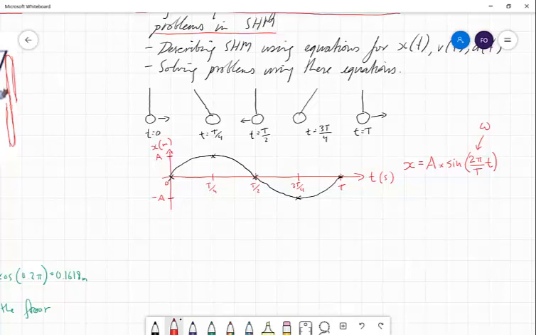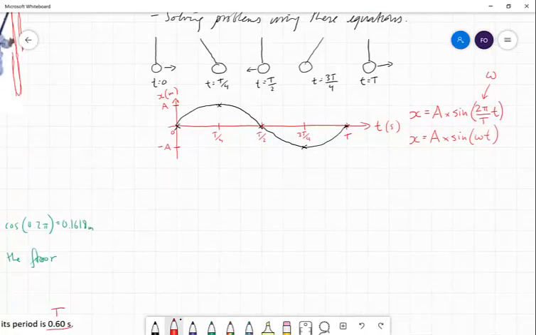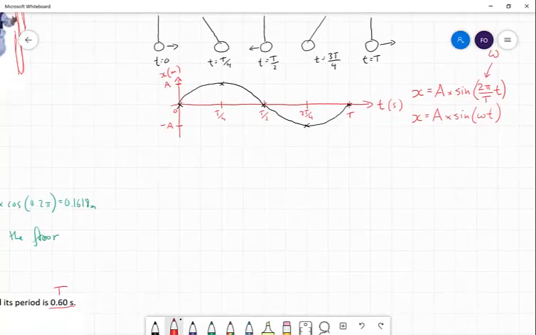So the function here for x is going to be equal to A times sine of omega t. Now the velocity here of this same thing, we can get an equation for that too. So I'll draw a second graph here for velocity in meters per second against time.